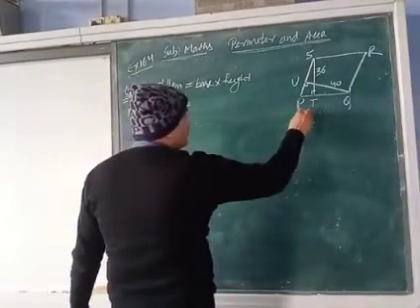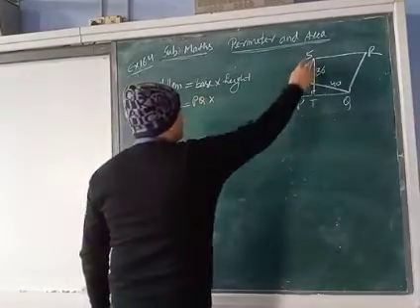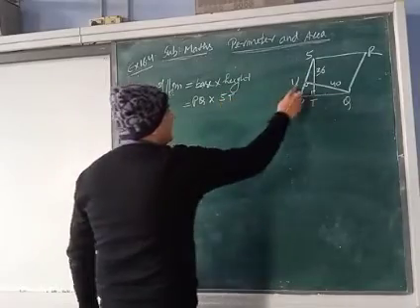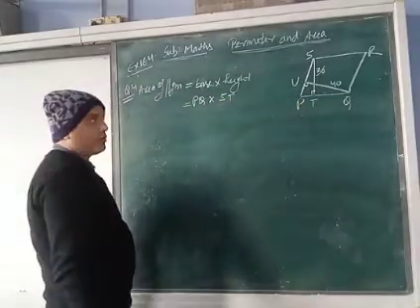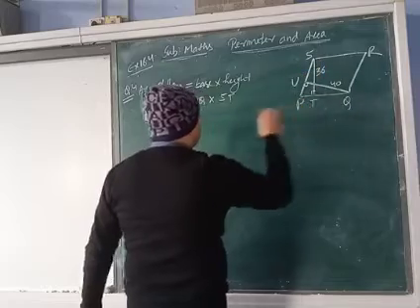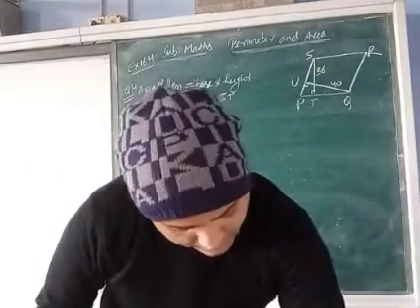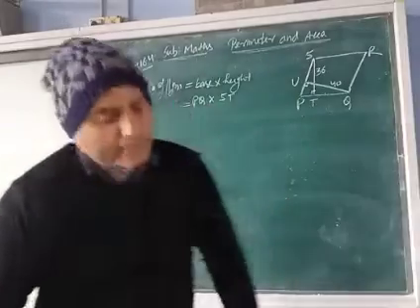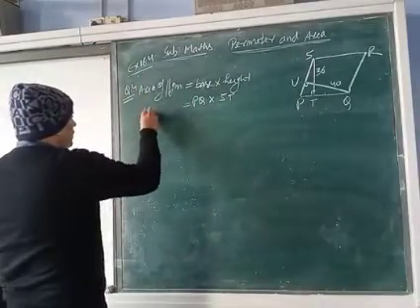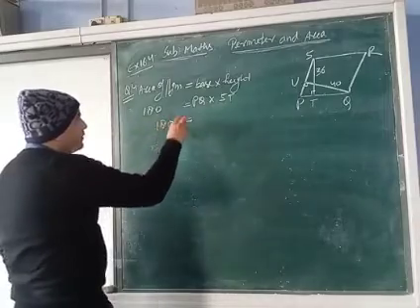If we take PQ as the base, then the height should be ST. We will not take QU, otherwise it would be wrong. If we take base PQ, then the perpendicular is ST. What is the area? Area is given, that is 180 centimeter square.